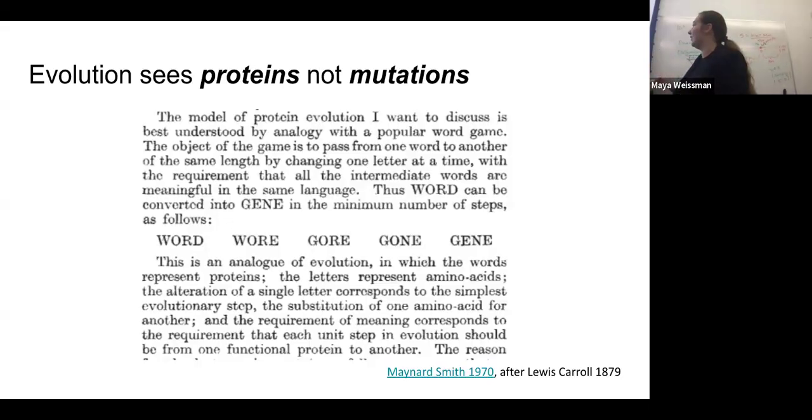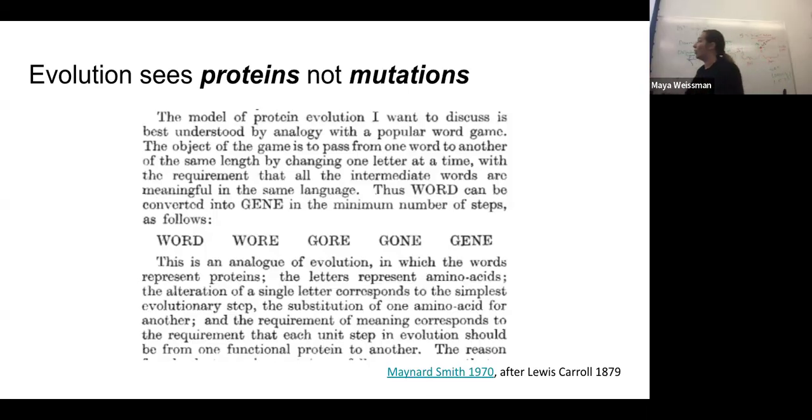In a very famous paper from the 70s that was the start of the idea of epistasis, Maynard Smith mentioned that evolution is like an old word game from the late 1800s, where you have some word and you're trying to change one letter at a time to go from one word to a different word.